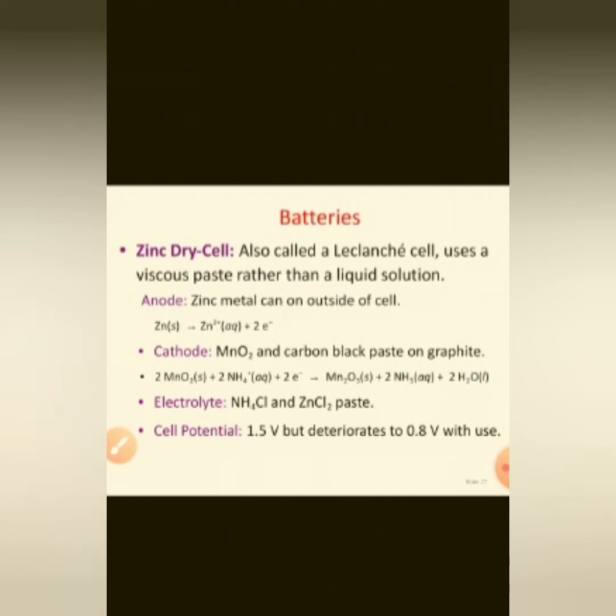Then the dry cell is a primary battery, also called a Leclanché cell, which uses a viscous paste rather than a liquid solution. Here again the reaction can be classified into two categories: anodic reaction and cathodic reaction. At the anode, zinc is converted into zinc ions by giving 2 electrons, and at the cathode, manganese dioxide and carbon black paste on graphite.